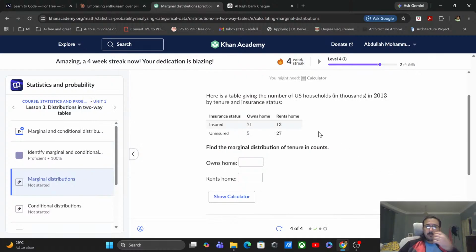Seriously? Okay. Here is a table giving the number of insurance status, insured and uninsured. Owns home 71.5. Find the marginal distribution of tenure and counts, by tenure and insurance status. What does that mean? Owns home, rents home.